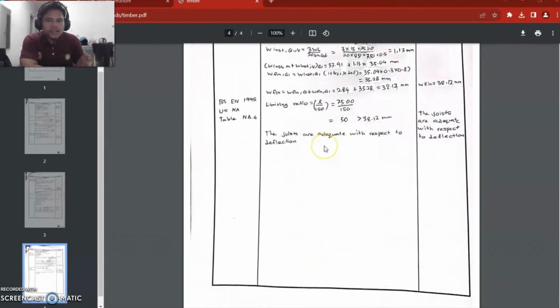Then plus to get the total number of WFIN. Then comparison to limit ratio. After that, if it's more large than WFIN, it is pass.